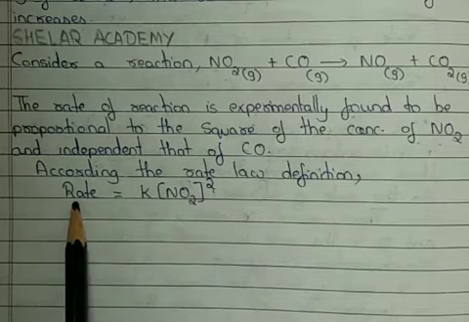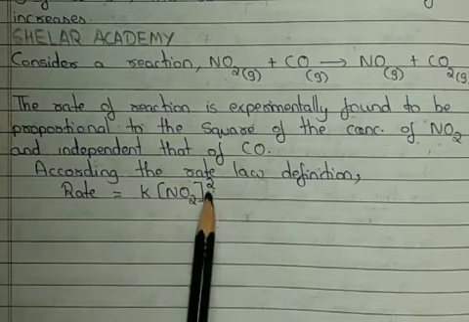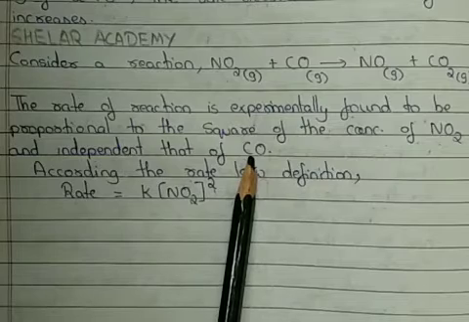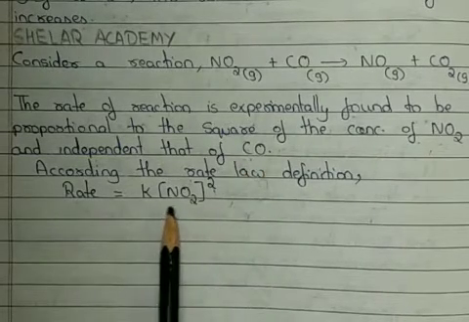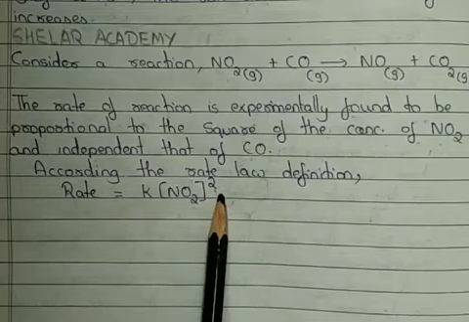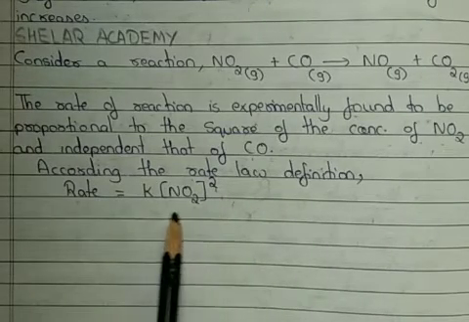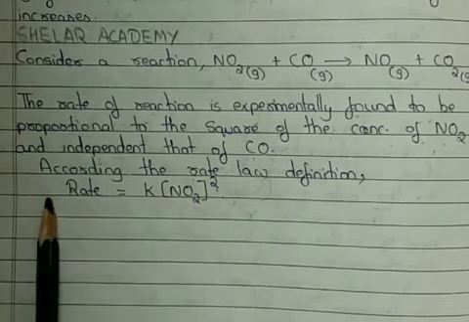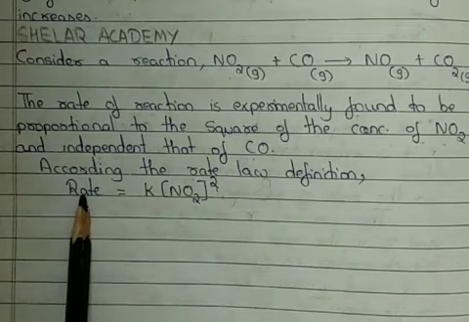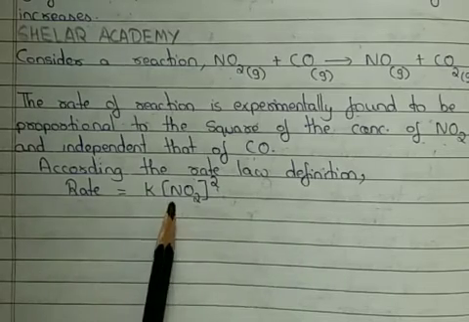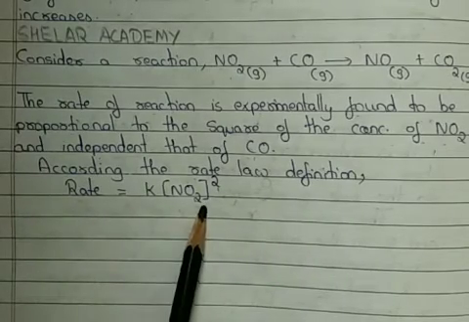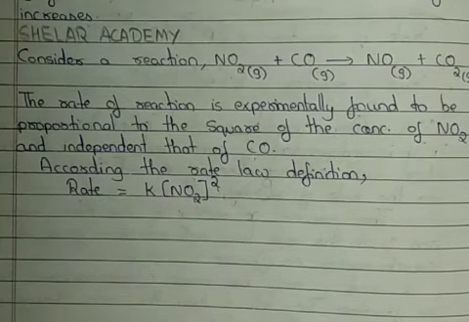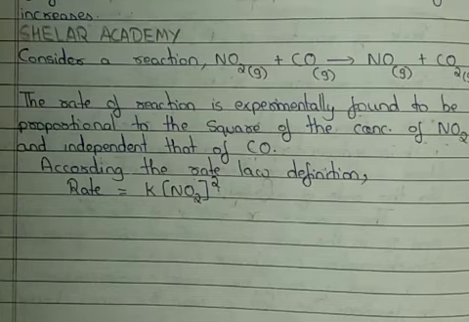So our rate expression will not include anything with respect to CO, because it is independent of the concentration of CO. It will be dependent only on the concentration of NO2, raised to the power 2. It means whatever change is made in the concentration of NO2, the square of that will be the factor by which our rate of reaction will alter. So this is one example that helps us determine the rate of the reaction based on the rate law. So in this part we have done rate law.